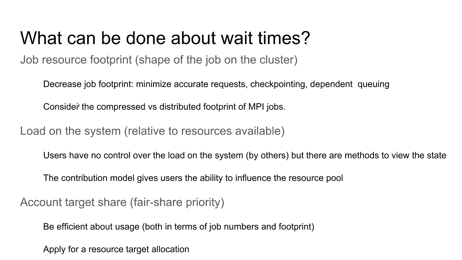And then consider compressed versus distributed footprint of MPI jobs, but also of serial farming jobs, bundling them all together into the exclusive use of nodes. So understanding the load on the system. Now, users have no control over the load on the system, but there are methods of understanding it and visualizing where the load of certain properties might be worse than others.